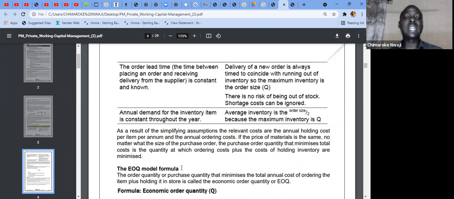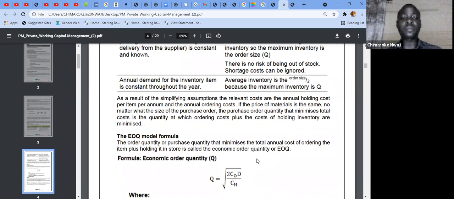So we are looking at two costs here, ordering cost and holding cost. How can we minimize these costs and put them at the lowest cost? That is where we will now look at the EOQ model.